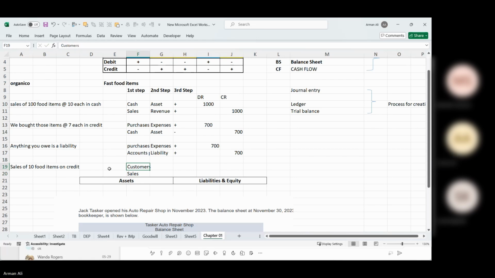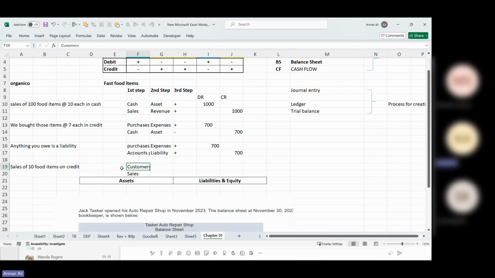The other item is the customers. Now we have to identify customers, and if we were to allocate all our customers under one roof, we can say we have to receive money from those customers.